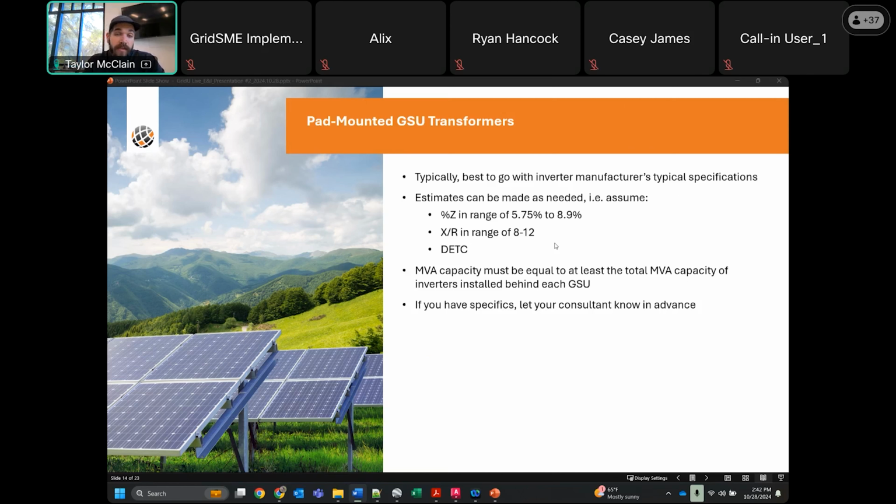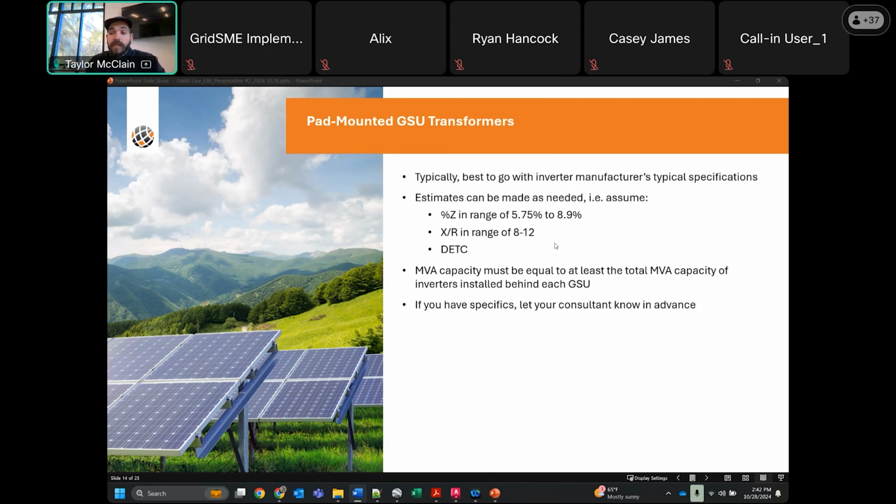On that note, if you do have specifics, definitely work with your consultant as early as possible. It's important to note that any changes in these specifics will impact the megawatt and the MVAR values at the POI in the model. And as some of us may know, the megawatt value that is solved for in the power flow model shows up in almost every single document in an interconnection request.